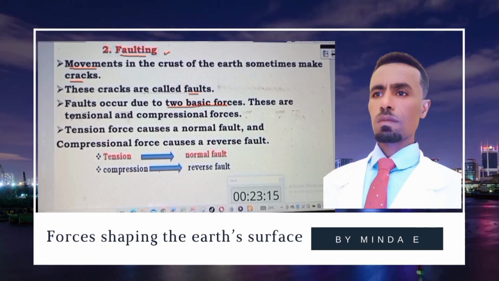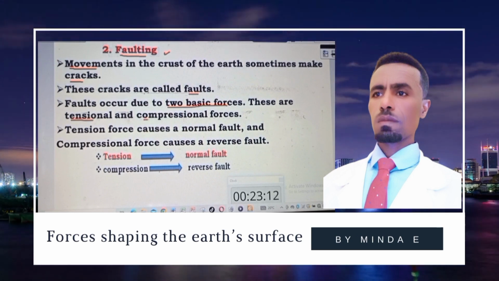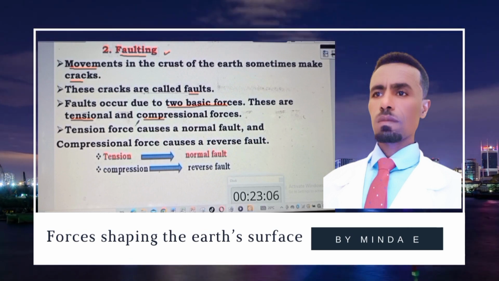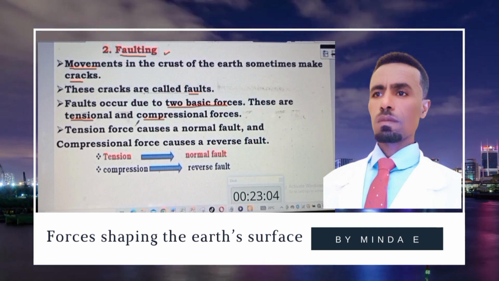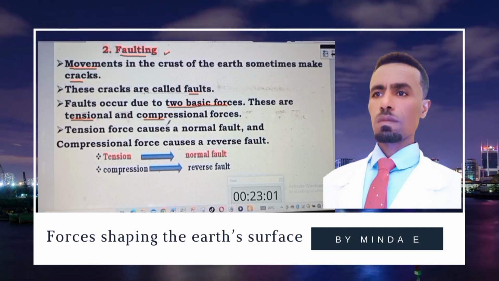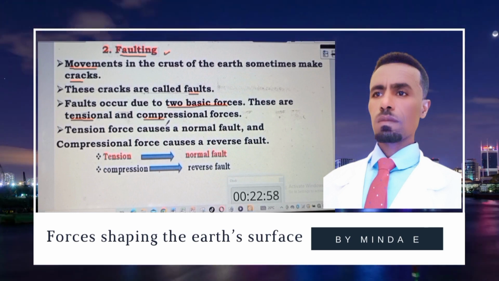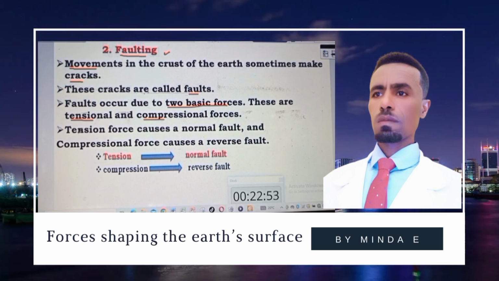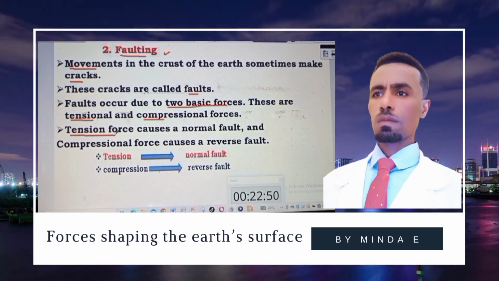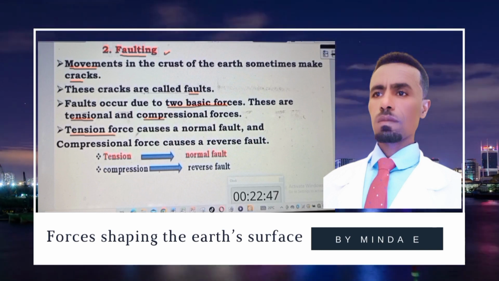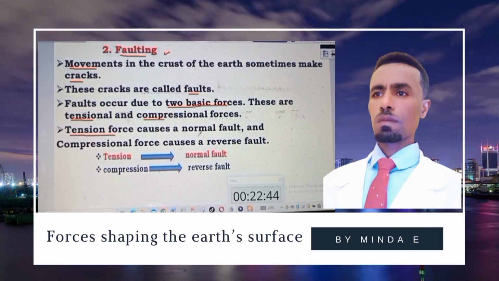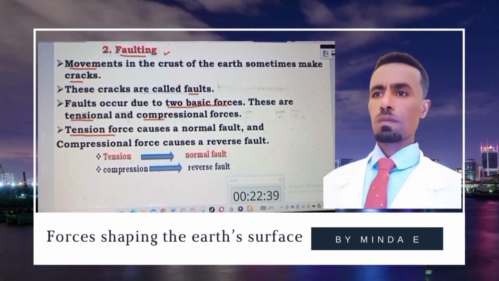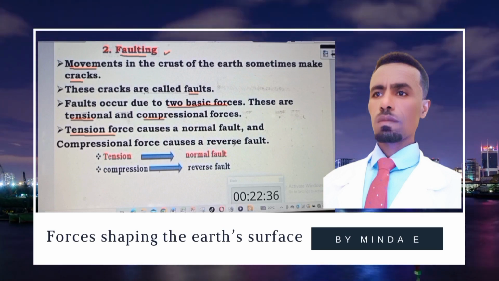These are tensional and compressional forces. Okay, these forces are the two basic forces which can make faults or cracks on a given area. Tension forces cause a normal fault, and the compressional force causes a reverse fault.